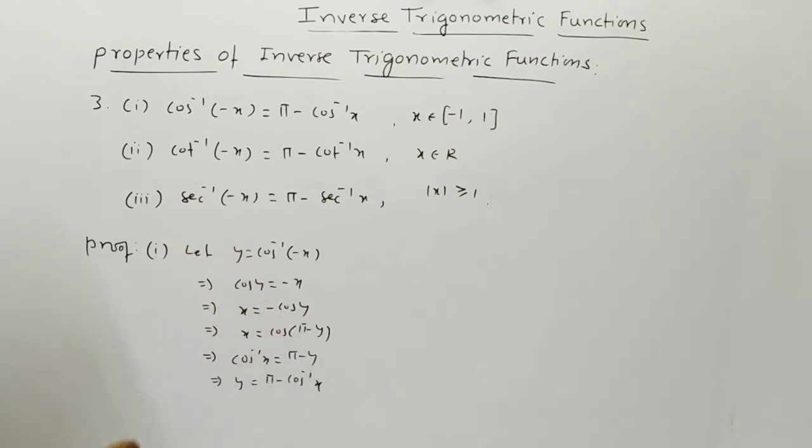We have taken y is equal to cos inverse of minus x, but we have proved y is equal to pi minus cos inverse of x. Therefore, cos inverse of minus x is equal to pi minus cos inverse of x.